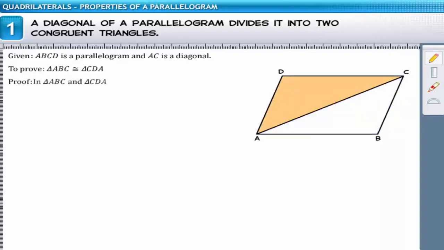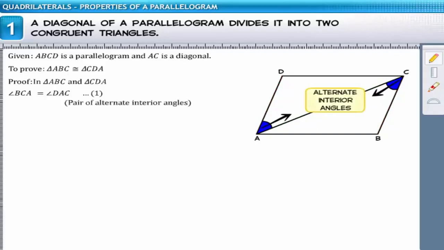In triangle ABC and triangle CDA, angle BCA is equal to angle DAC, since AD is parallel to BC and AC is a transversal, they form a pair of alternate interior angles.